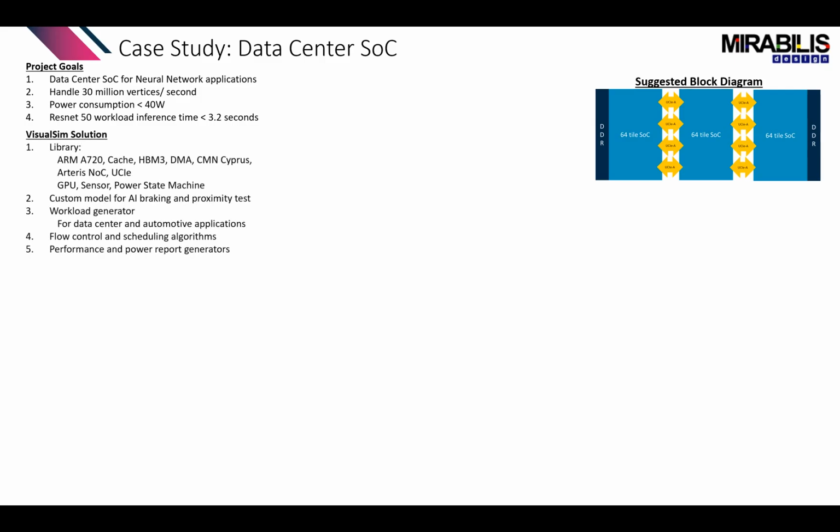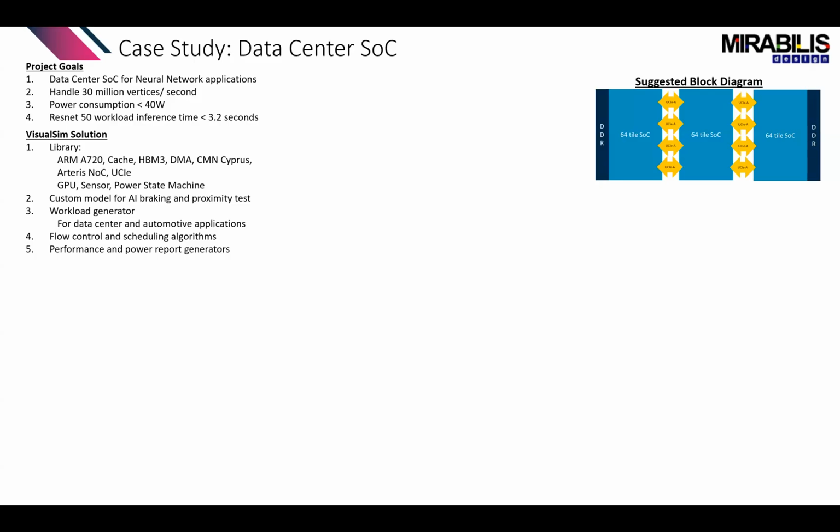Now, we have to pick and choose from the VisualSim library, and we pick these different components from the processor library, from the NOC library, and so on. Notice over here, we have picked a very specific processor for which there aren't any commercial cycle accurate or microarchitecture models.